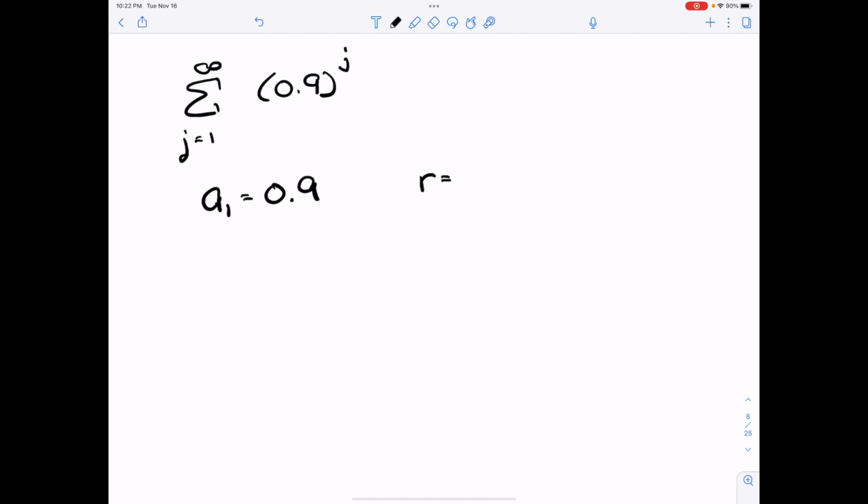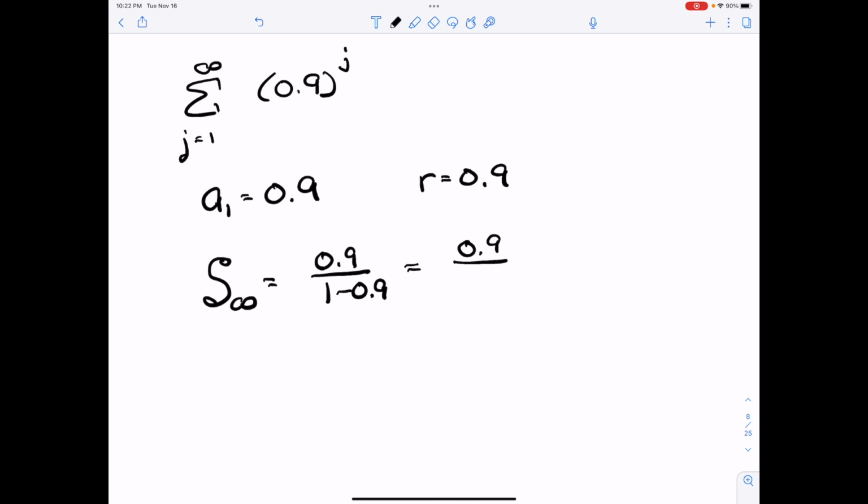Also, your r is 0.9, because that's what you're multiplying by each time to get a new one. So if we were trying to do this infinite sum, a sub 1, 0.9, over 1 minus 0.9. So 0.9 over 0.1, and that gives us 9. So there's that.